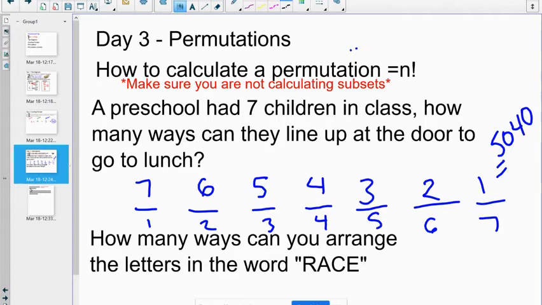Next question: how many ways can you arrange the letters in the word RACE? I'm going to put our slots here instead of drawing out each one. We have 4 slots because there are 4 letters, and they're 4 different letters.